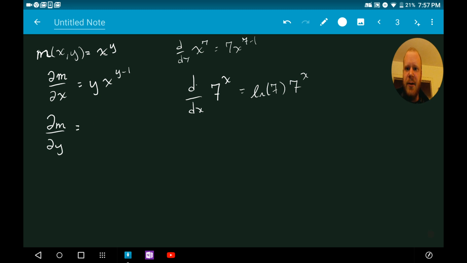So in this case, x is the base. We treat it like a constant, so 7 to the y. That's going to be ln of, and technically it's absolute value of x. And then we're going to multiply that by x to the y.